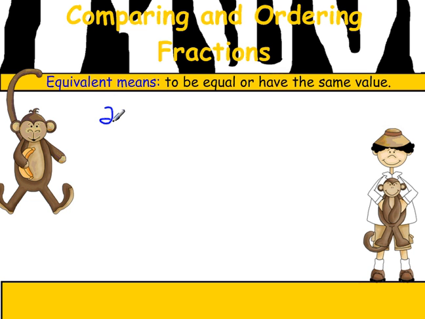That's 2 out of 3. 2 is the numerator, the 3 is the denominator, and we're going to see if 2/3 is equal to or equivalent to 4/6, which also is 4 out of 6. 4 is the numerator, 6 is the denominator.